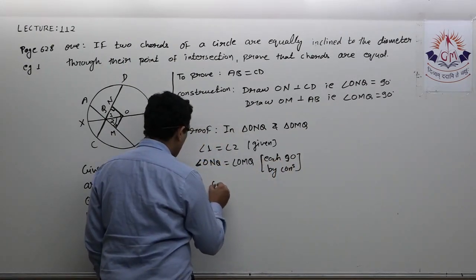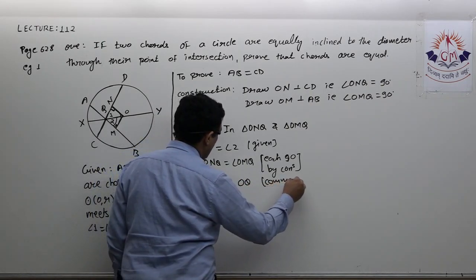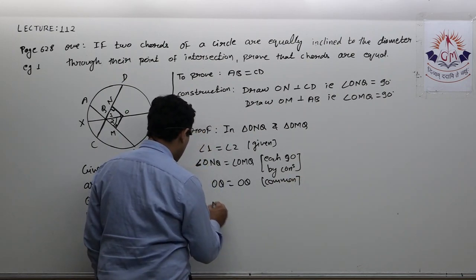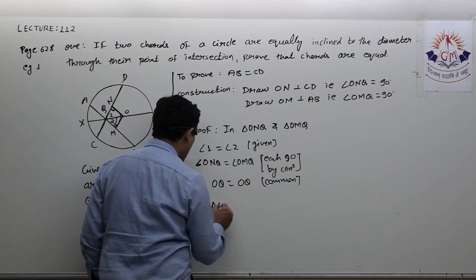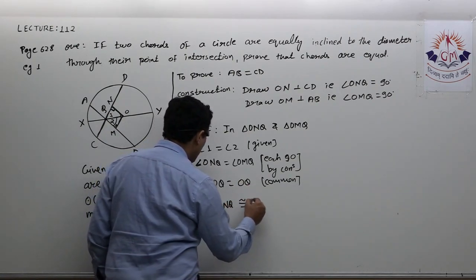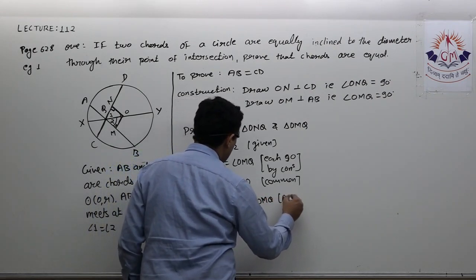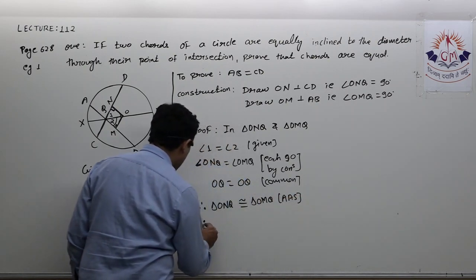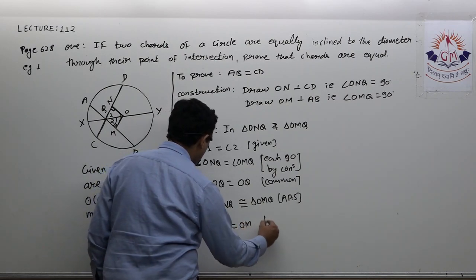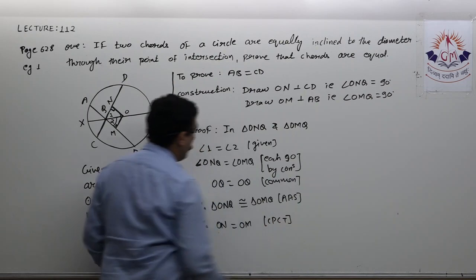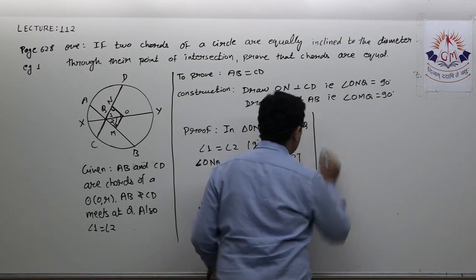And OQ is equal to OQ, that is common. And hence I can say triangles are congruent. Therefore triangle ONQ is congruent to triangle OMQ by angle side, and as the triangles are congruent, I can say ON is equal to OM by CPCT.